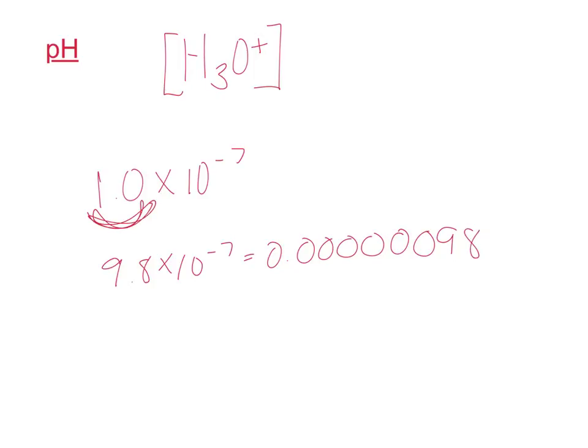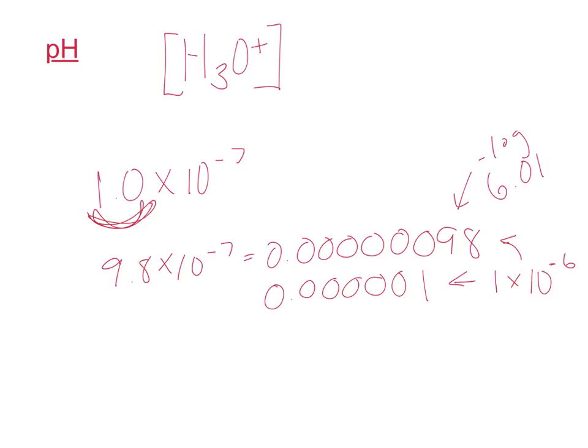Okay, now if you look at this number, it is very close to 0.000001, right? And this right here would be 1 times 10 to the negative 6th. Well, this number is really close, so if you take the negative log of this number, it actually ends up being 6.01.